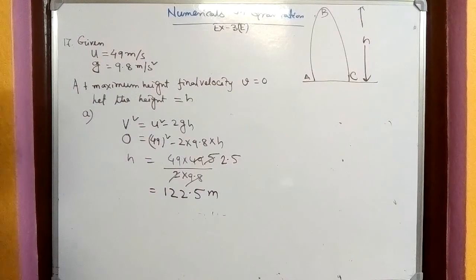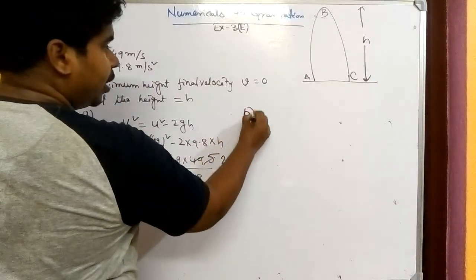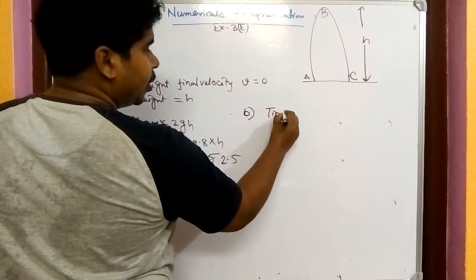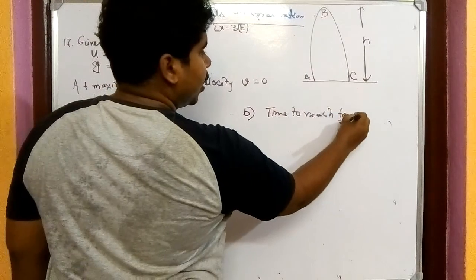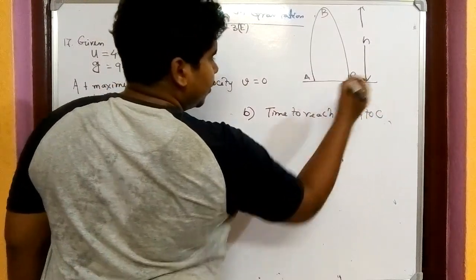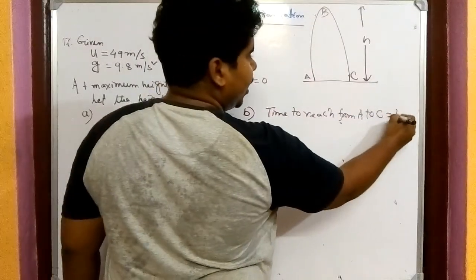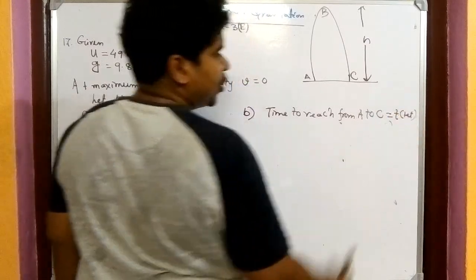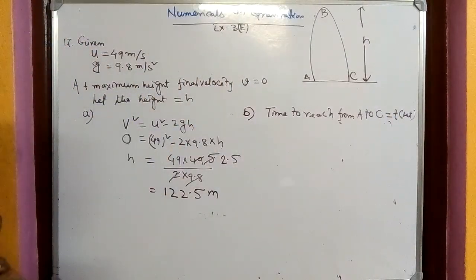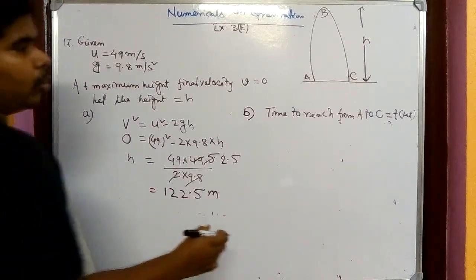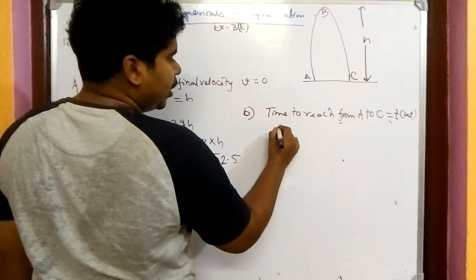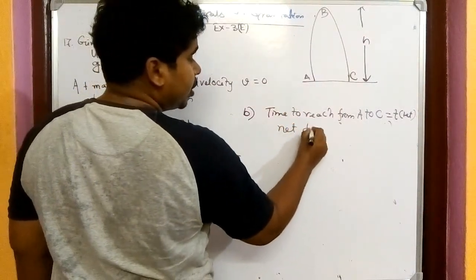Next question is the time period. Time to reach from A to C equals t. Let us assume the total time taken is t. Now if I am talking about A to C, what will be the net displacement?